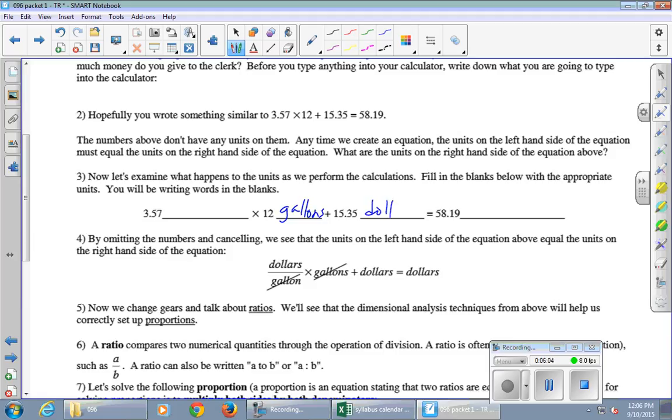Let's just write the word dollars there. And the 5819 dollars. And then the trickiest one is that 3.57. It's dollars per gallon. Yeah? Every gallon you buy costs you $3.57. So dollars, and then per in math means divide, right? So dollars per gallon.